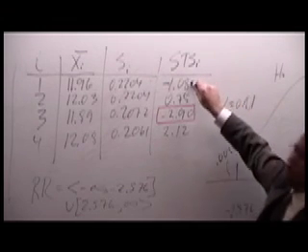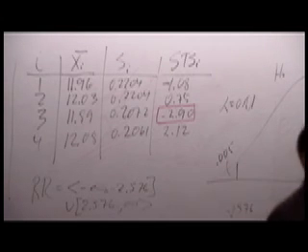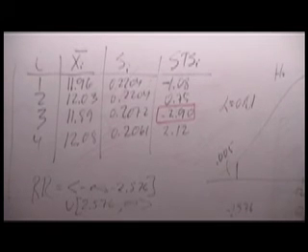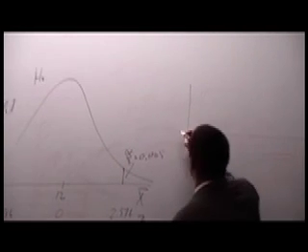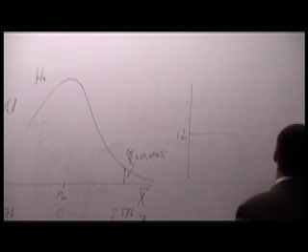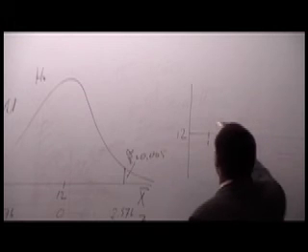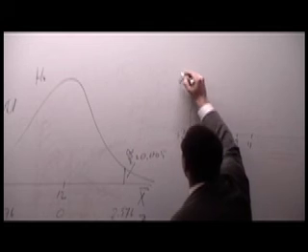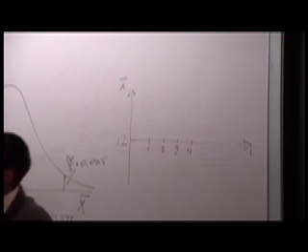Here, in the first sample, we failed to reject the null hypothesis that the machine is well calibrated.